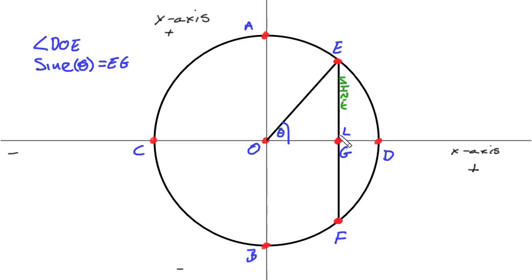Now, as we have previously said, the complement of this angle theta is the number of degrees we need to add to it to make 90 degrees. So this angle here, which we will call alpha, is the complement of theta. And what we will do now is draw a line from the point E perpendicular to the diameter line AB. Okay, so I'll draw that line now.